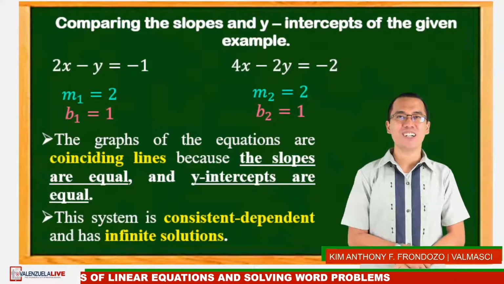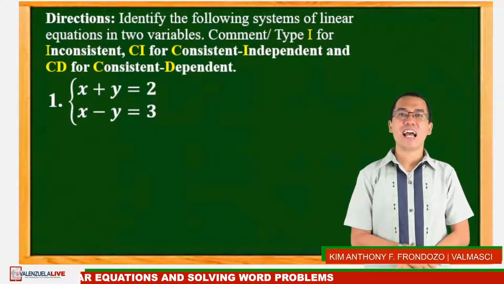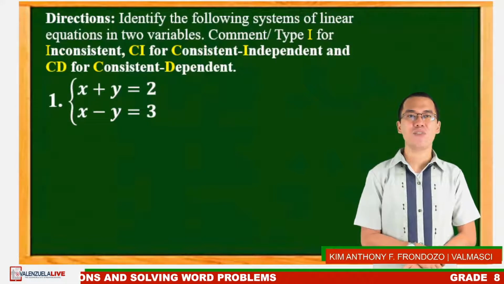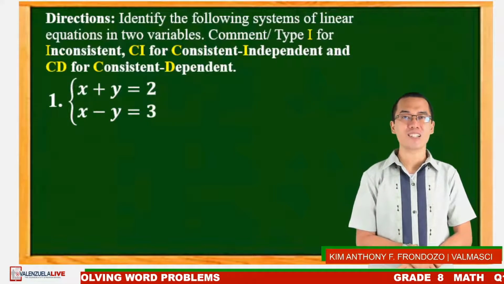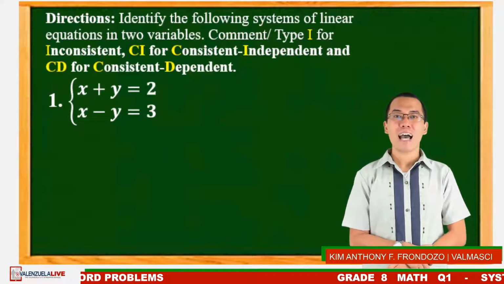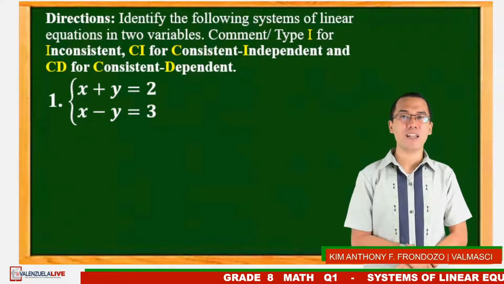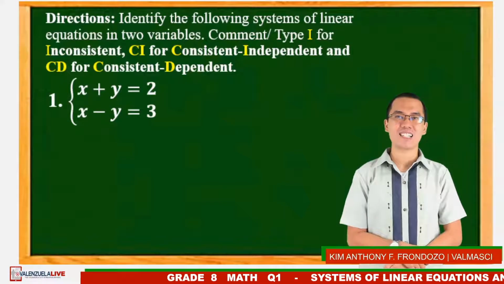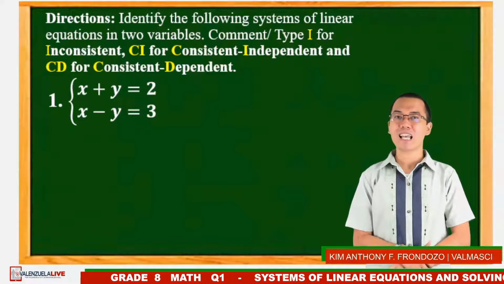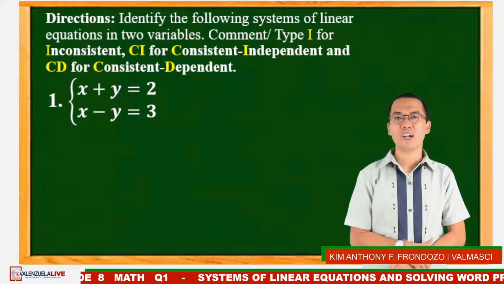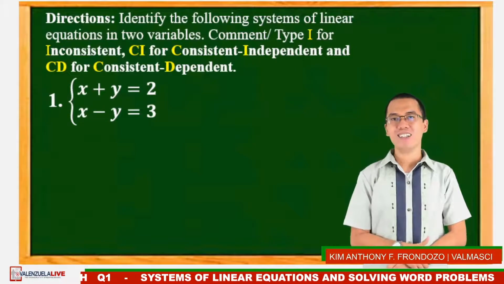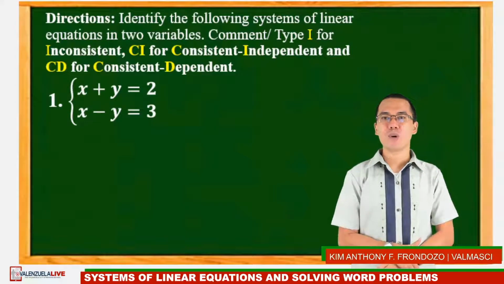Now, it's your turn. Directions: Identify the following systems of linear equations in two variables. Comment or type I for inconsistent, CI for consistent independent, and CD for consistent dependent. You have 10 seconds to comment or type in your answer. Are you ready? Here is the first question.